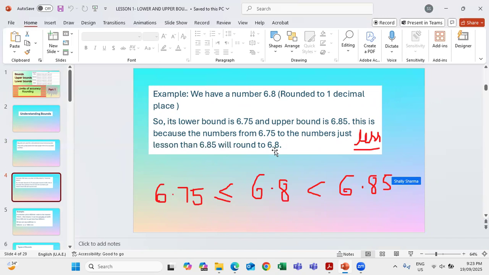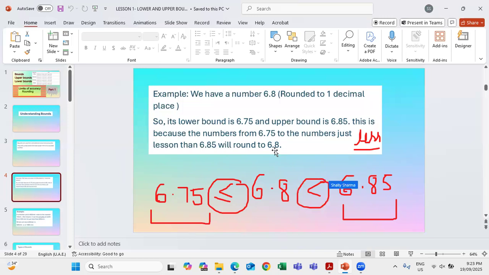Now here one thing is very important. I will explain why it is 6.75 and how we get 6.85. But the most important thing is that the lower limit can be equal to the value, but the upper limit is always less than. Because if I take the exact value 6.85 and round it to one decimal place, it will become 6.9, and that is what I don't want.